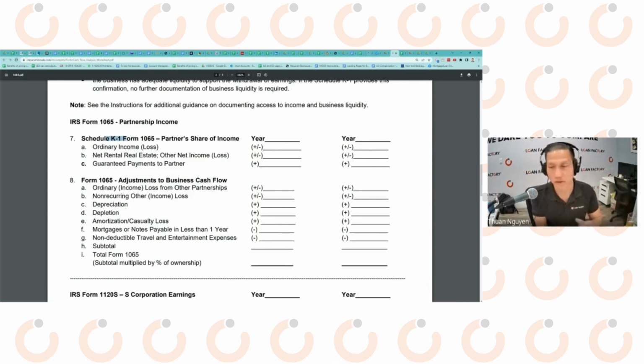On the K1, it says everything. Let's say you are a partner, you own some of the company. At the end of every year, you receive a K1. It will say, hey, you own this much percentage of the company, and this is your income from owning that company. So when the borrower applies for the loan, we need to submit the K1 income. That will show your income.